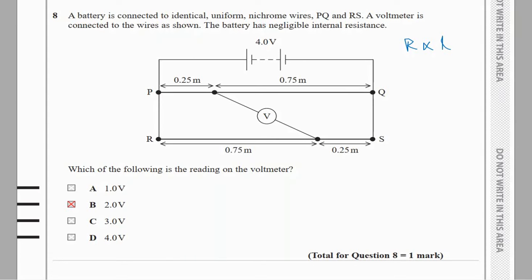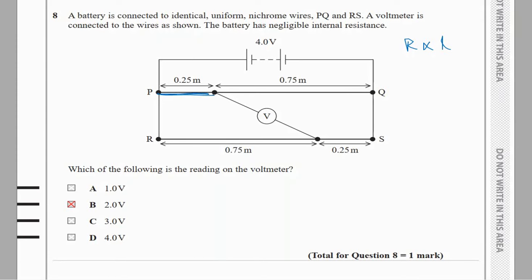And if you don't have the resistance, you can think of it this way, that the voltage will be shared according to the ratio of the lengths. So 0.75 is 3 times of 0.25, meaning this section of the wire has 3 times the resistance. So over here the voltage would be 3 times compared to this section.